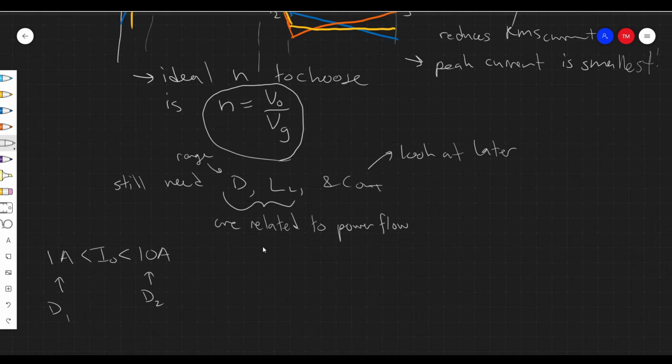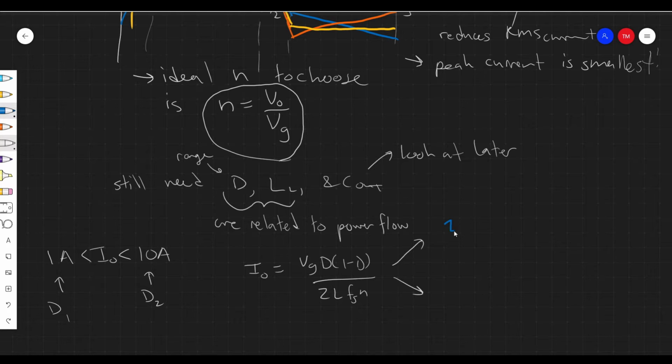So let's just write this out. We know that Iout is equal to Vg D(1 minus D) over 2 L FS N. We've determined N, and we have Fs given. So really we have two equations, right? One for minimum current and one for maximum current.